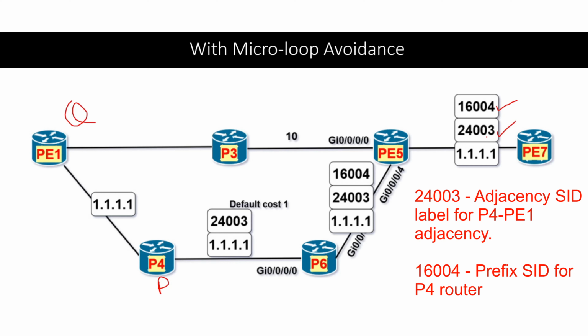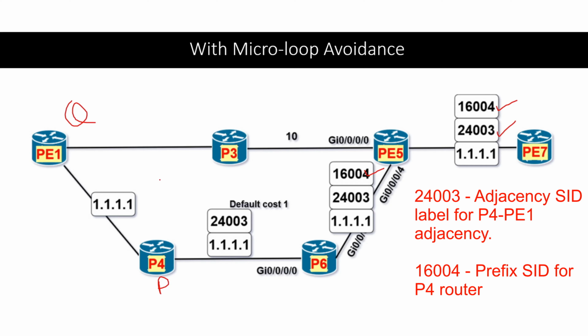So P7 pushes these two labels on top of the packet and forwards it to PE5. PE5 just swaps it with the P4 label and forwards it to P6. P6 does the penultimate hop popping, removes the top label and forwards the packet with the adjacency label to P4. P4 removes the adjacency label and forwards the packet to PE1.